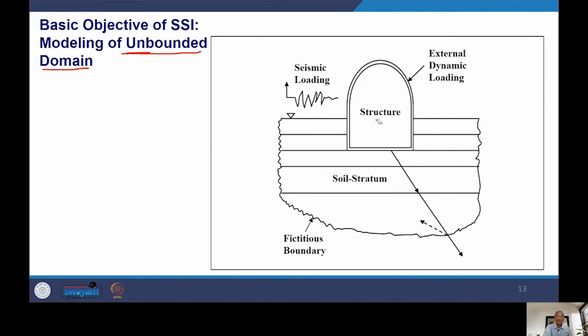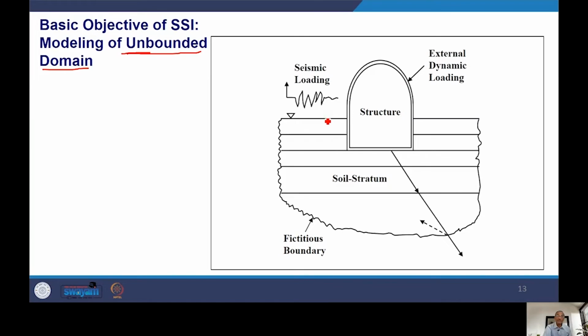When this structure is subjected to seismic excitation, waves will travel from the structure and they will hit this fixed boundary. If this boundary would not be there, then these waves would continue to travel to infinity and would not come back to the structure.